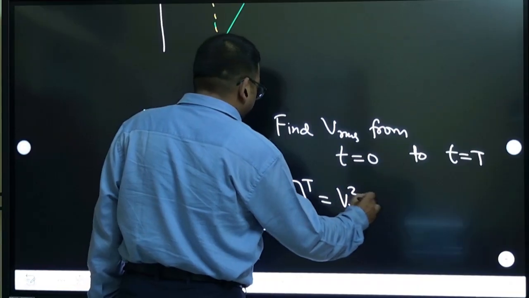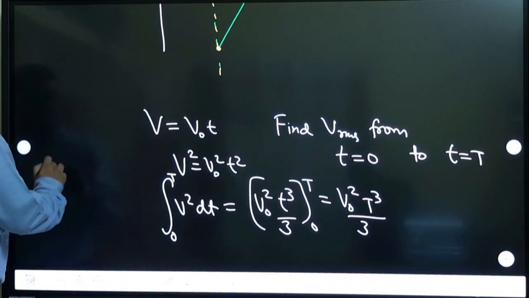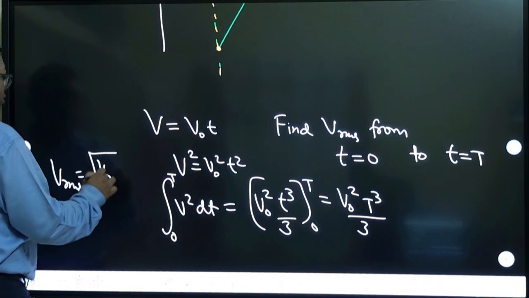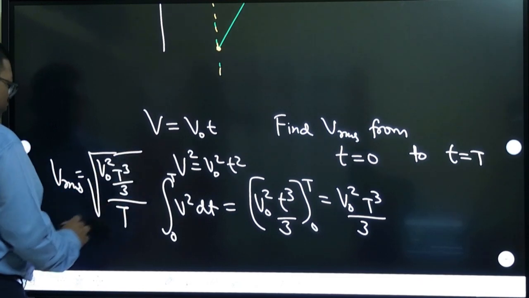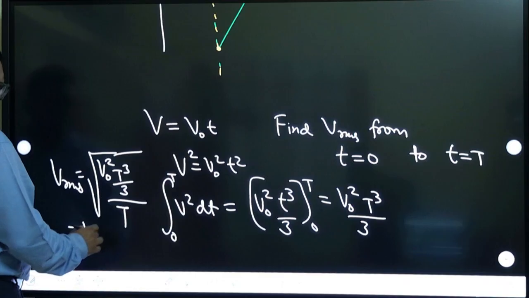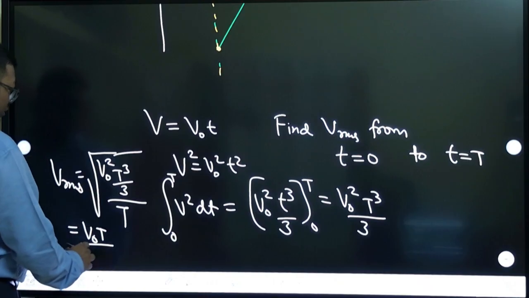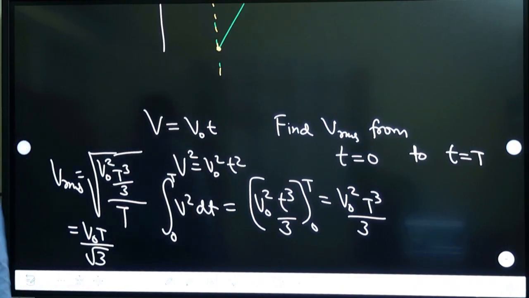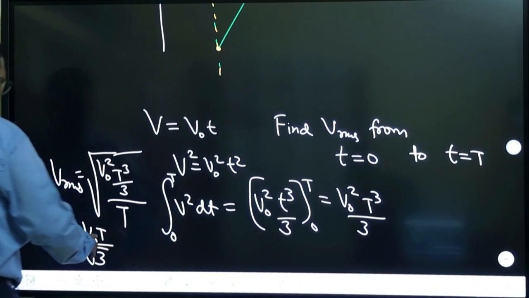And then when you take RMS, you have to take the under root of this, which is v naught square T cube by 3 divided by time T. So from here you will get v naught T by root 3, correct? This will be the answer. Are you getting? T factor will also come. Don't think this T will get cancelled.